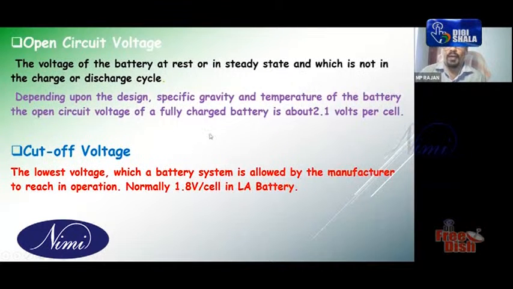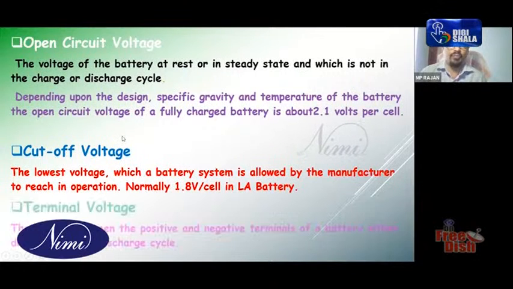So a 12 volt battery, you can discharge till the battery becomes 10.8 volt, or 1.8 volt per cell, beyond which we should not do the discharging. That is called cutoff voltage. This is the lowest voltage beyond which we should not discharge a battery.